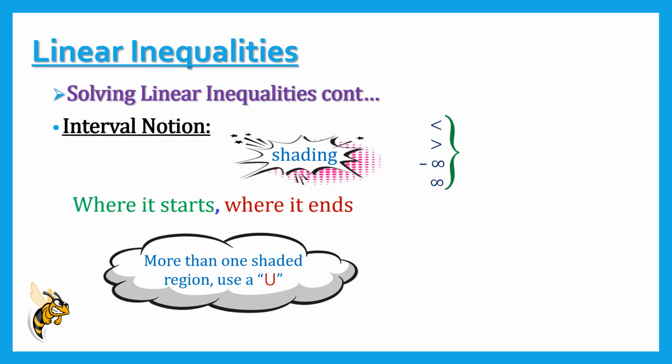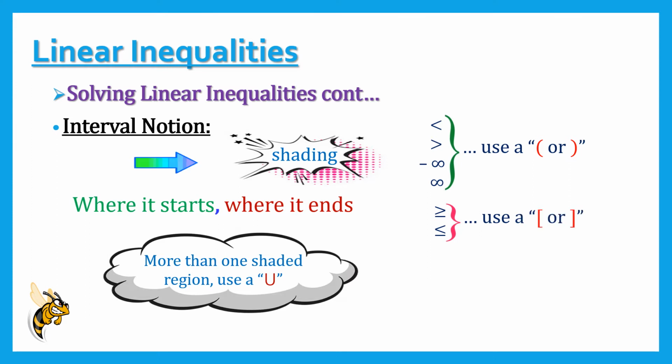Now, if you see the less than sign or the greater than sign, or negative infinity or positive infinity, all those are open, so you have to use a parentheses. If you see greater than or equal or less than or equal, those are closed, and then you have to use a bracket.